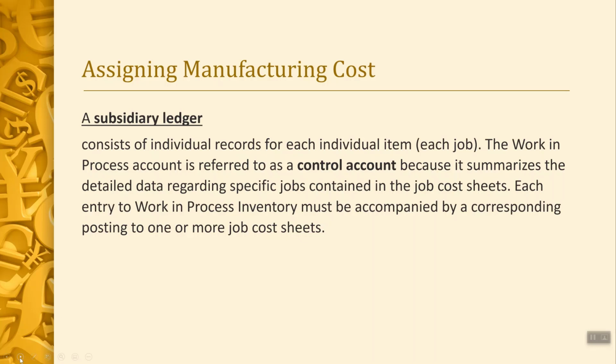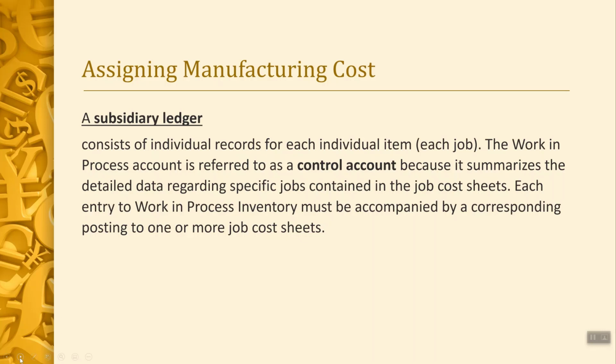So it gives us a little bit more detail of what was involved in that job, in that material, as opposed to the work in process that is more or less a summary of what you have in the job cost sheet. So the work in process inventory account is also referred to as a control account because it summarizes the detailed data regarding the specific jobs contained in the job cost sheet. So that's something that, just for emphasis sake.